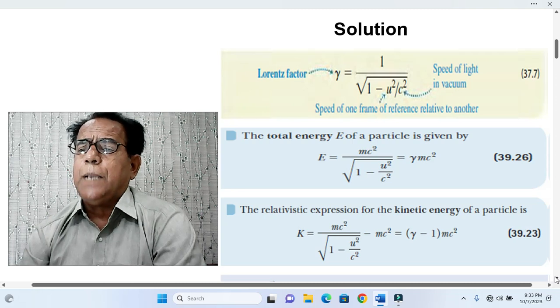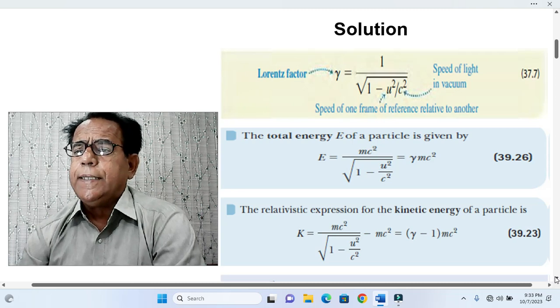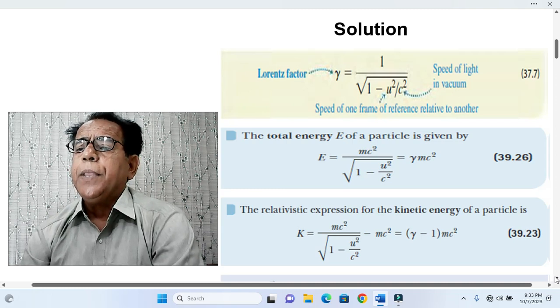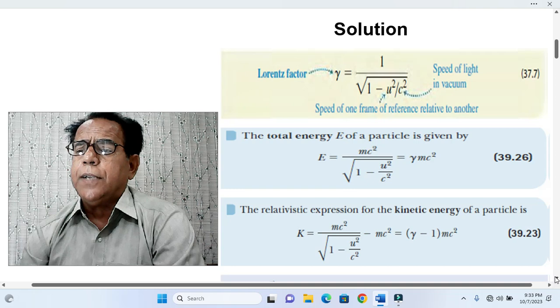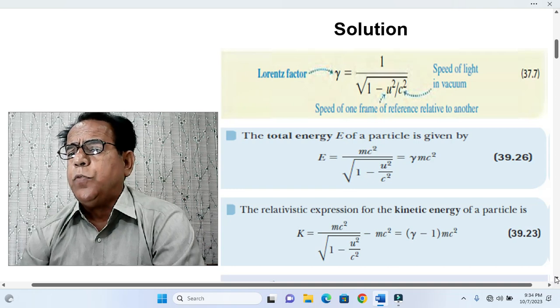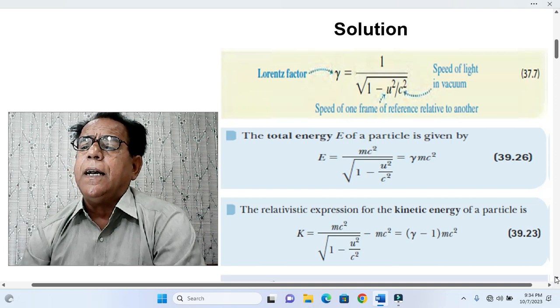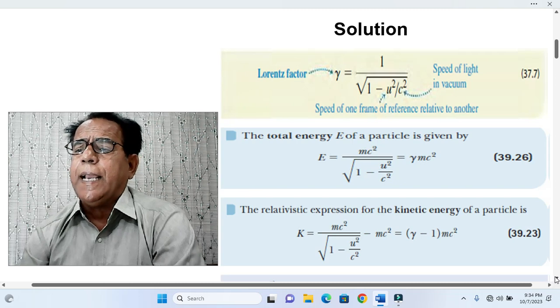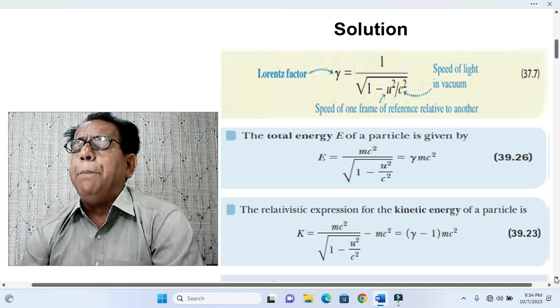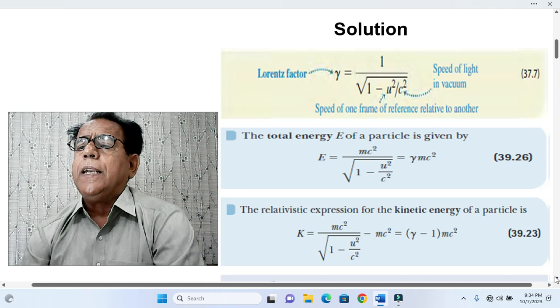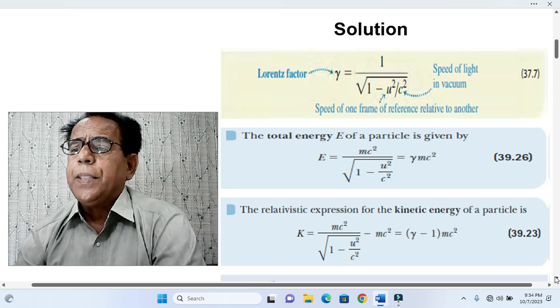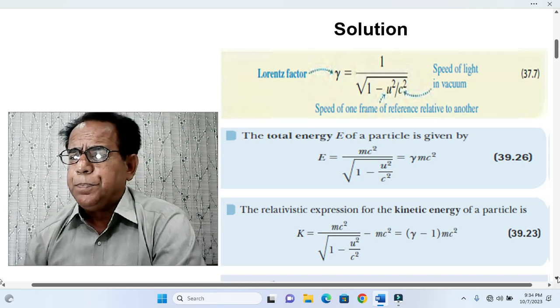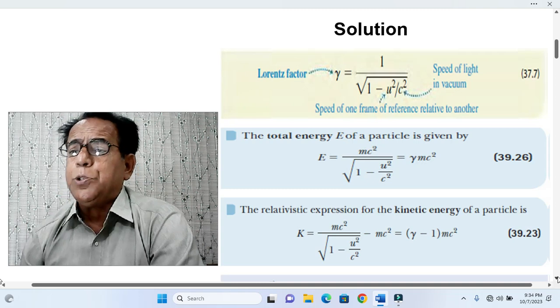The total energy E of a particle is given by E equal to mc square over under root 1 minus u square over c square, which can alternatively be written as gamma mc square, where gamma is the Lorentz factor, as discussed in snapshot number 1.